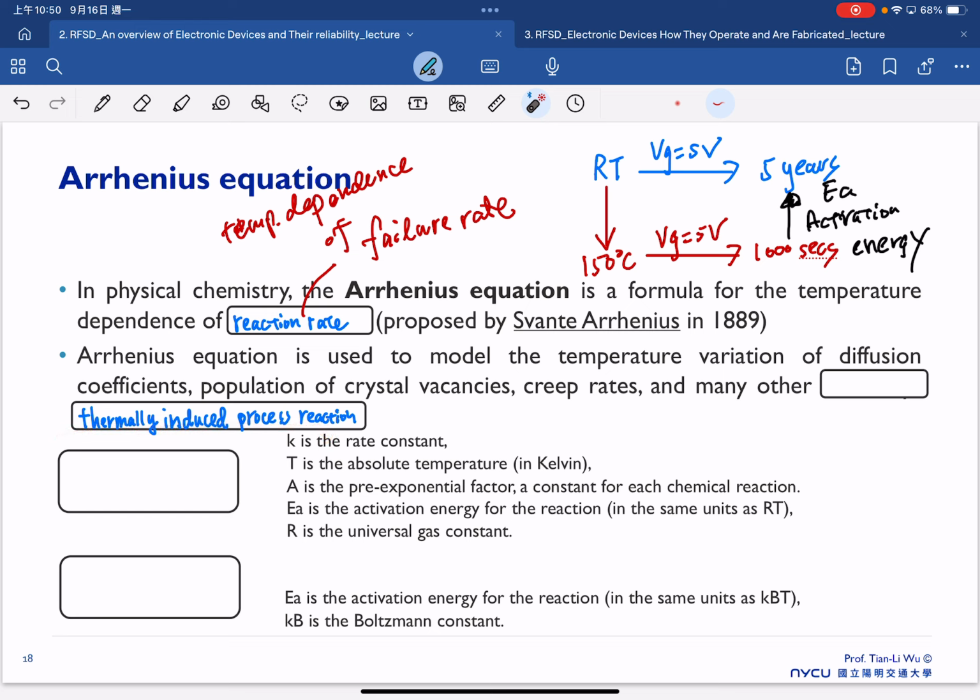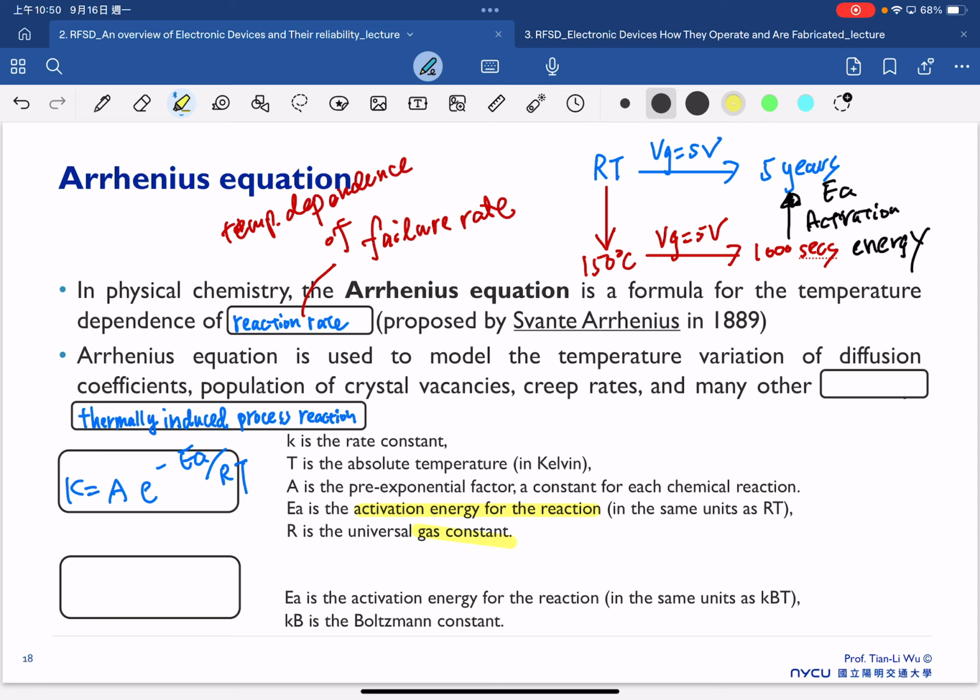And if you look at this equation, k is equal to A exponential of minus EA over RT here. In this case, EA is the activation energy of a reaction. But R here is the gas constant. Of course, in our semiconductor world, we are not that interested in gases.